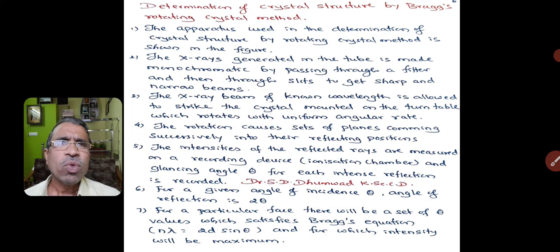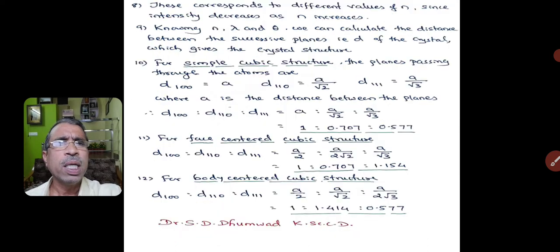Coming to the second method, that is determination of crystal structure by Bragg's rotating crystal method. Here the table is rotated and the particular angle where the X-ray scatters or deflects is measured. The apparatus used in this method is shown in the figure.